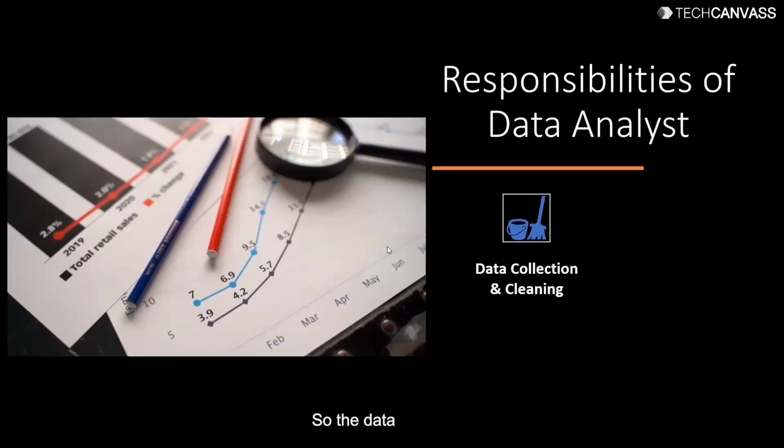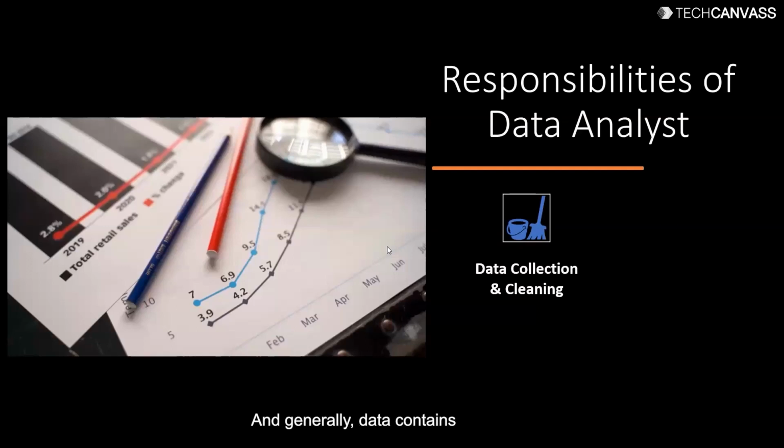The data can come from multiple sources. It can be the company data itself, or it can come from different databases. It can also come from different websites as well. After collecting the data, you need to identify the sources to make sure the data is cleaned.